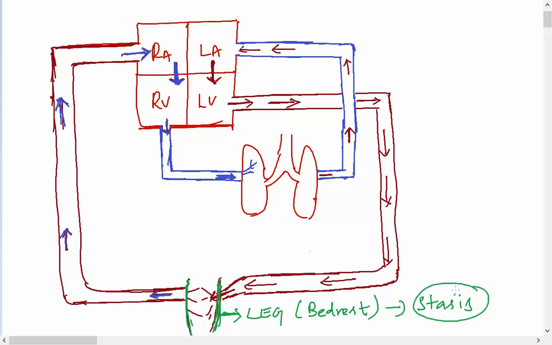The blood settles and automatically it forms a clot. Okay, and that is abnormal. That is called thrombi. The thrombi is formed in the deep veins, so it is called deep vein thrombosis.